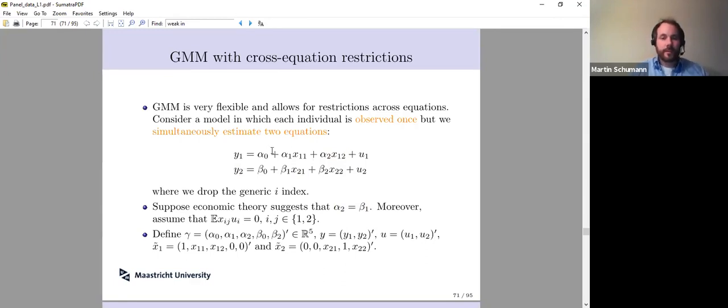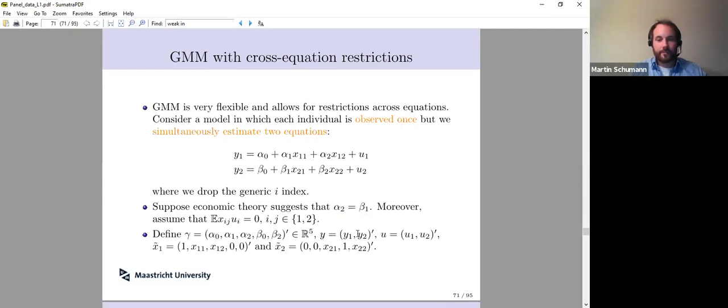Now we also assume that all the x's here are uncorrelated with the model errors. Now, how can we frame that in GMM? Well, first of all, we take all the remaining parameters. Notice that there is no beta 1 here because beta 1 is already captured with alpha 2. So we now have 5 parameters.